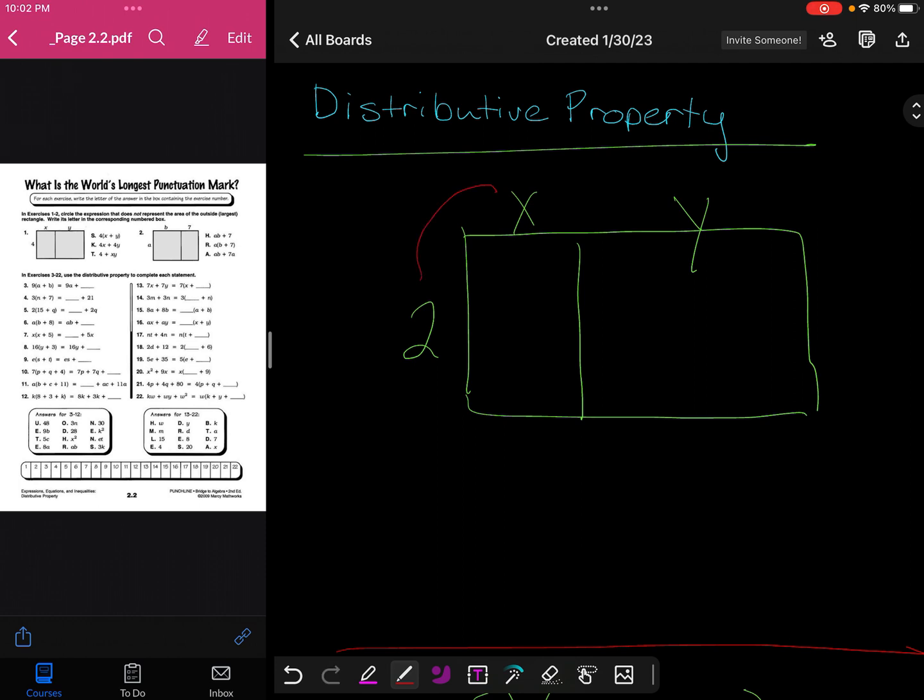So 2 goes to the X and then 2 goes to the Y. So that would be broken down as 2X plus 2Y. So if you were to write that out, that would be 2 times X plus 2 times Y.